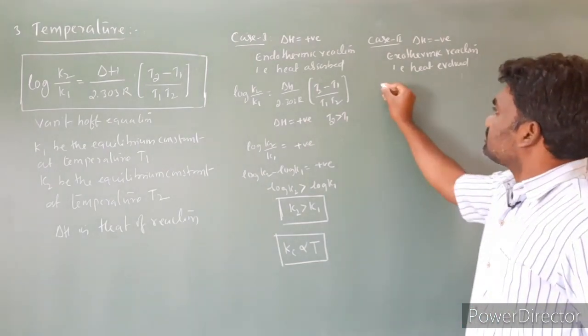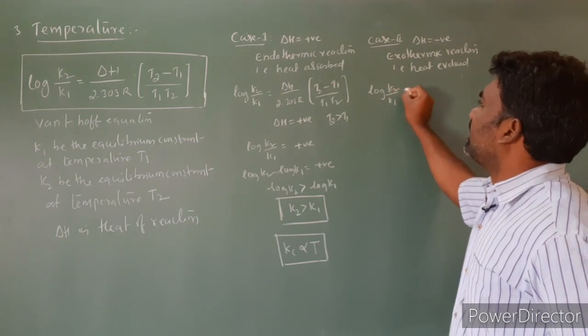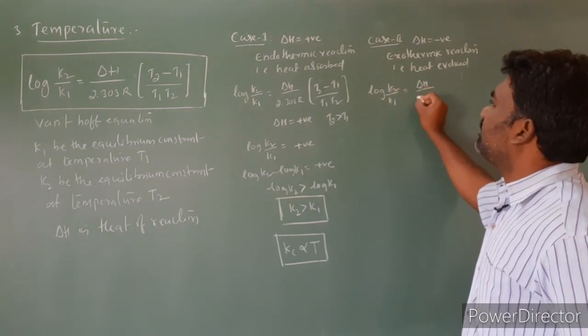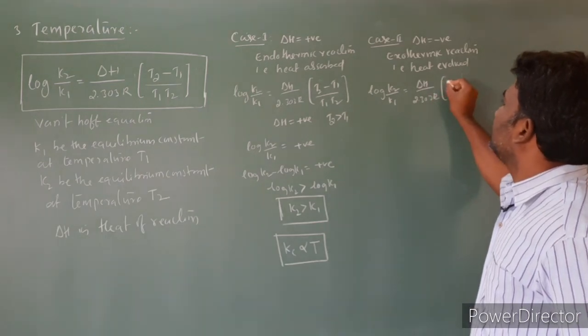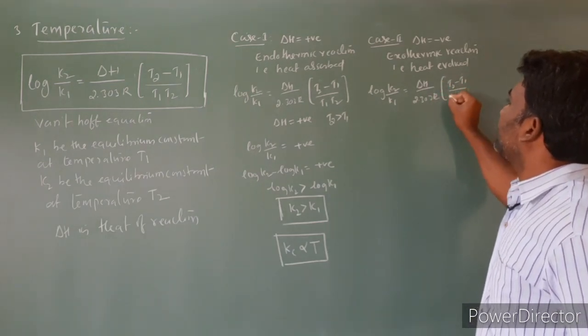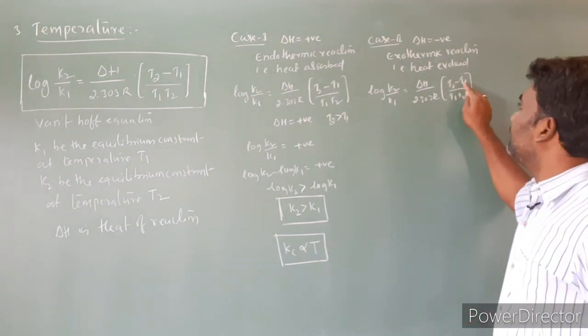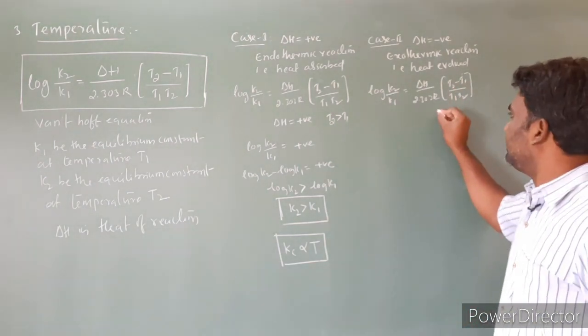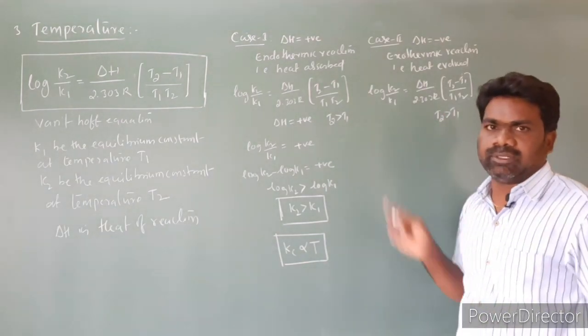Next, I am taking the equation log K2 by K1 is equal to delta H by 2.303 R into T2 minus T1 by T1 into T2, isn't it? Here also T2 is greater, the temperature is rising. When the temperature rises, what about the equilibrium constant?